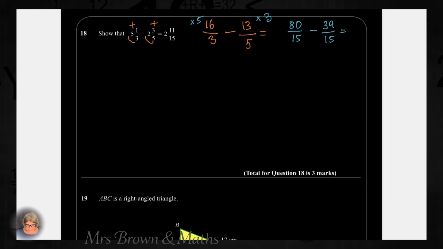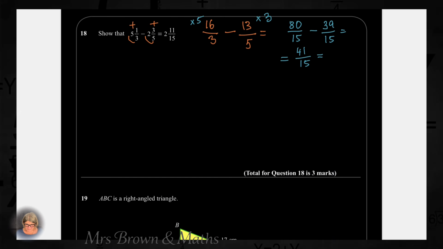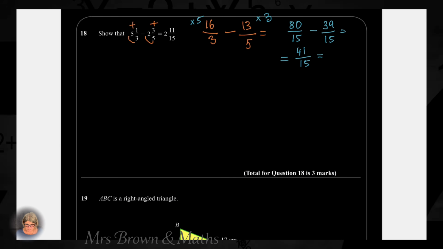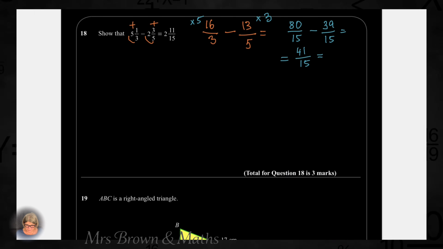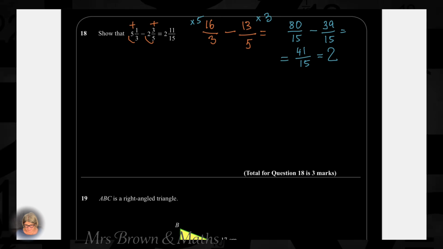Right, 80 minus 30 is 50, minus 9, 41 over 15. How many times does 15 go in exactly? 2 times, it will be 30. 15 times 2, and still 11 left.